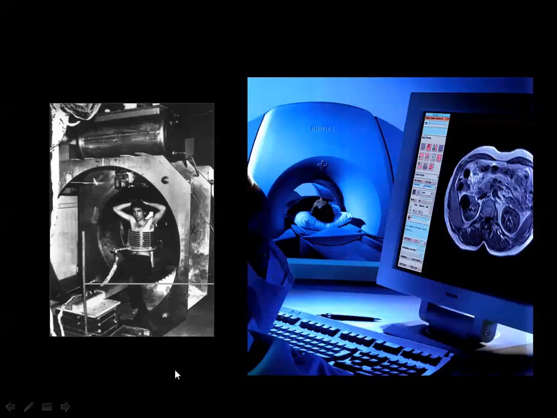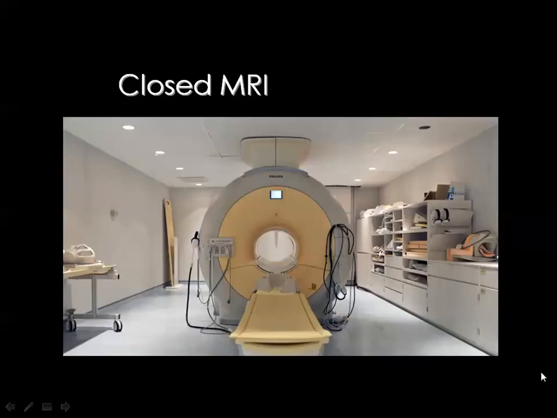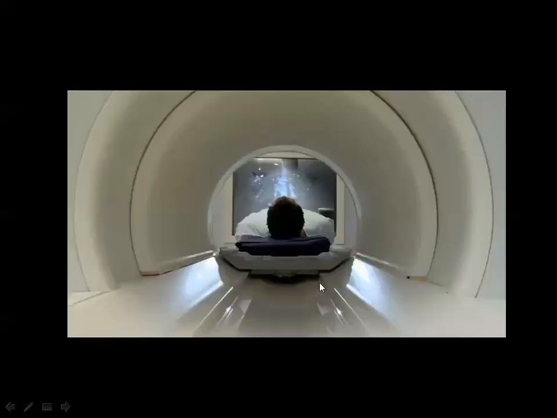And we have about 5 MRI machines. The first one is the closed MRI, where the MR is in the form of a tunnel. It's only open at the patient head and the patient feet, and this is the appearance of the tunnel itself.